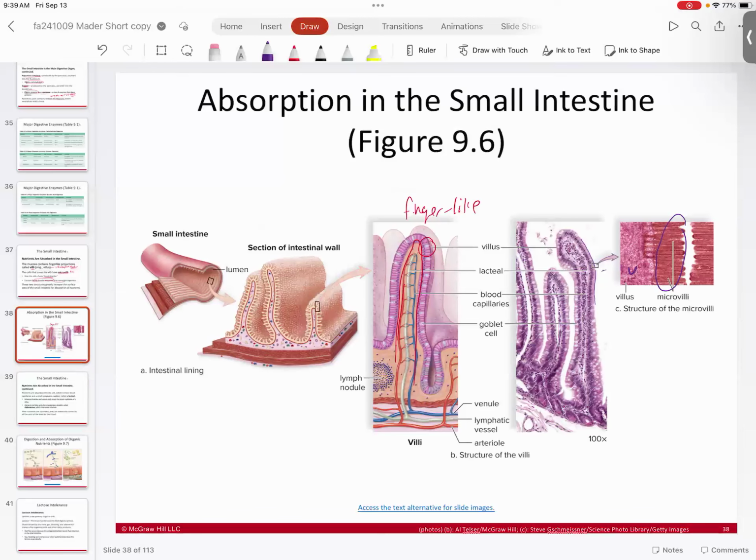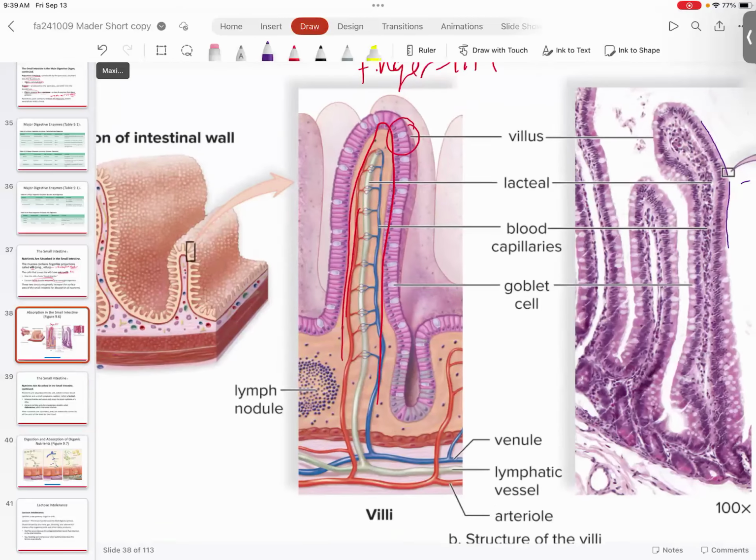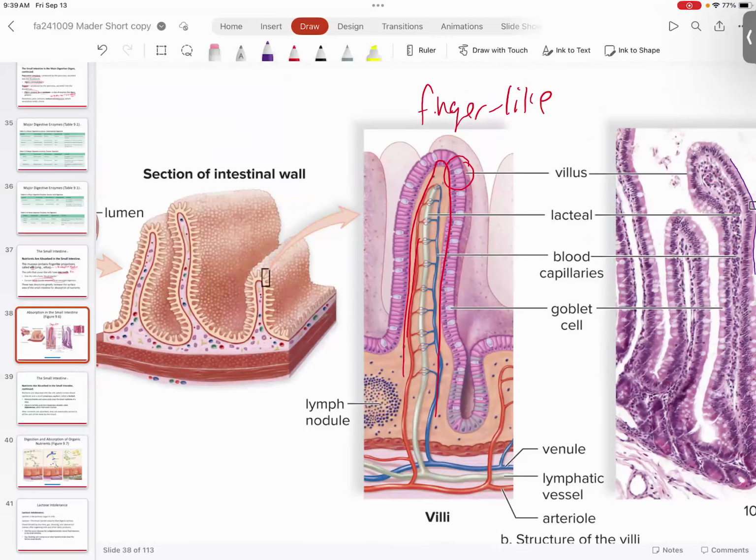So here you have your little nutrient out here, and it's going to go through the cell layer and be absorbed into the capillary and into your bloodstream. Or if it's a fat, it's going to go through the cell layer and into the lacteals, that lymph vessel that will absorb the fats.